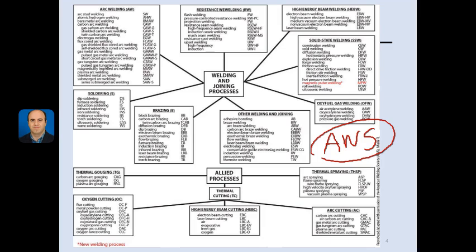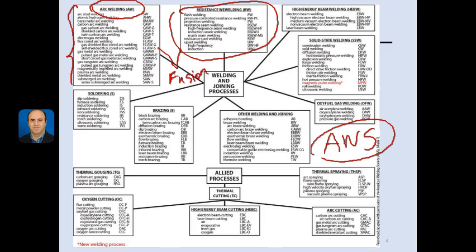You see we have the arc welding family up there, and it contains this many welding processes. And then we have resistance welding and arc welding. In both cases, materials will be melted, so it is fusion welding.